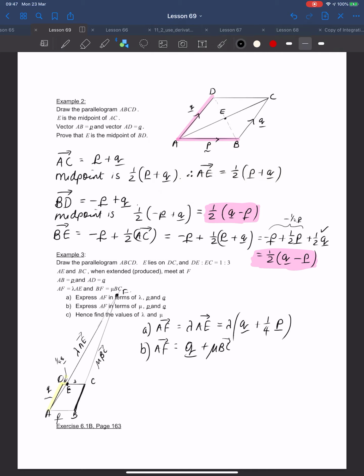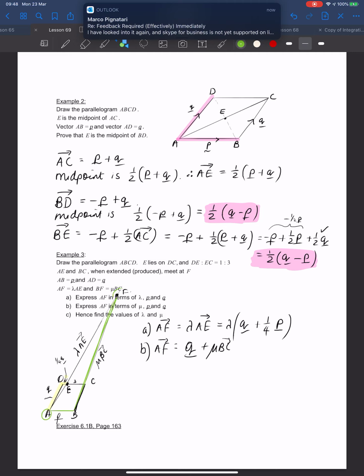Let's do this one in green. So if we could go from A to F this way, it's A to B plus, let's go along there. Okay, so that's another way of getting from A to F. Look, there's A and there's F.